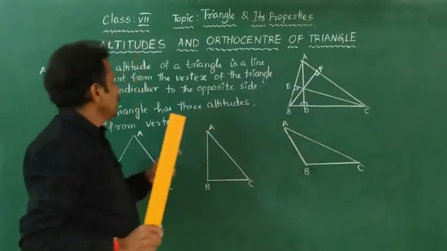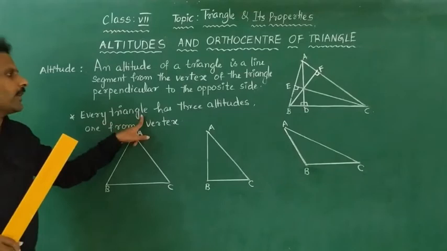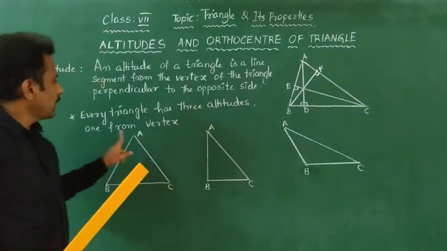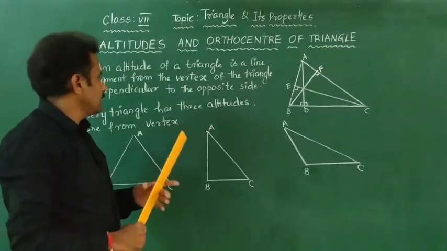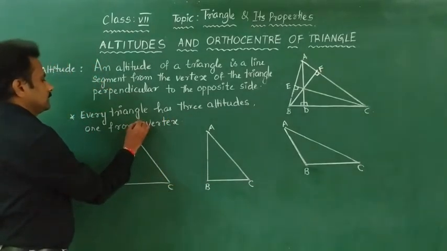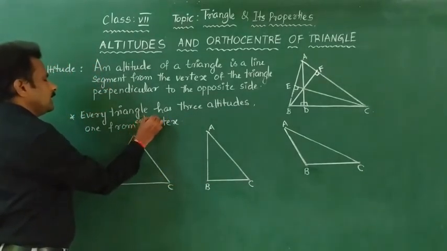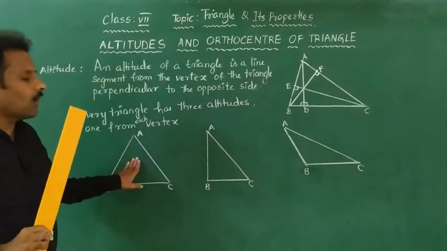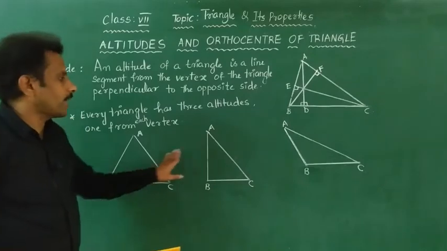In this way every triangle has how many altitudes? 3 altitudes, one from each vertex. So what about the altitudes in different types of triangles?